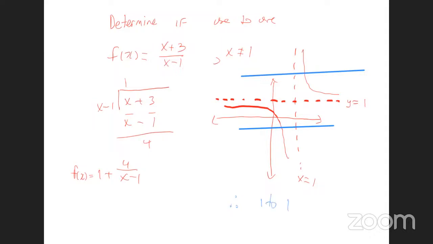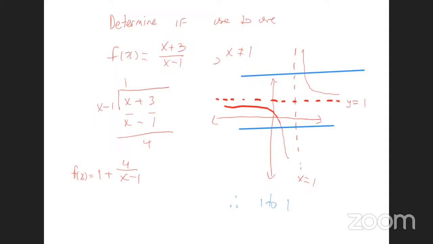Alright? The next part is to determine if it's surjective, if it's onto. What do you all think? Here's what you ask: is there any y value that doesn't have an x value?